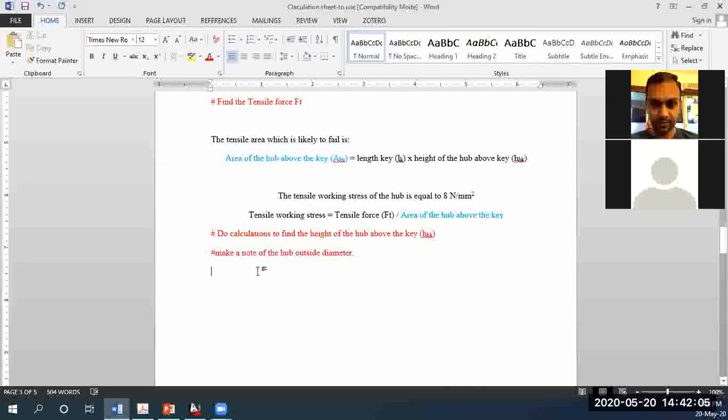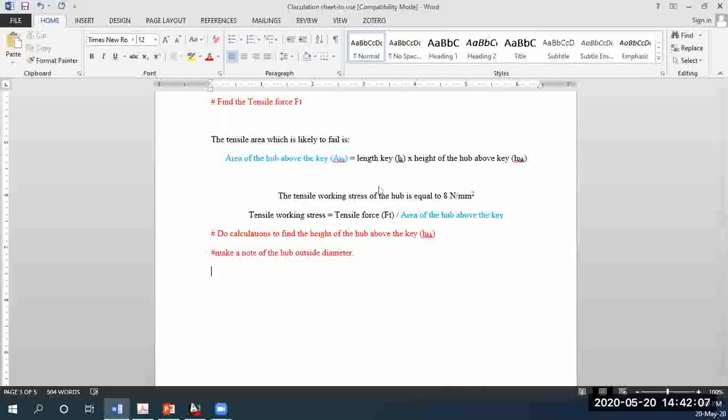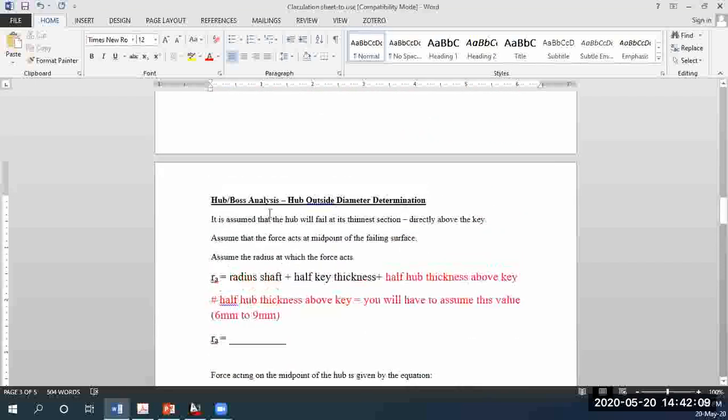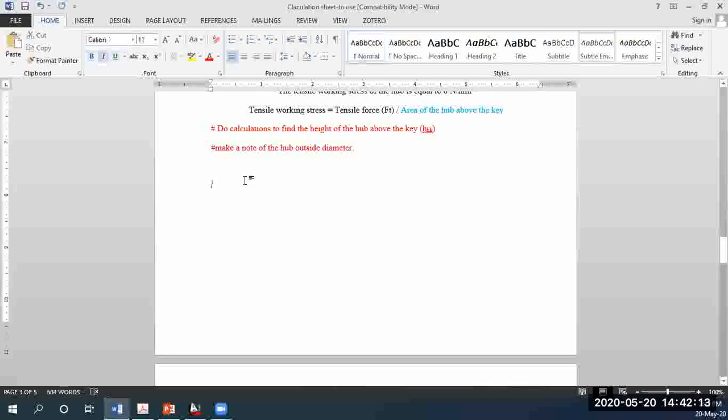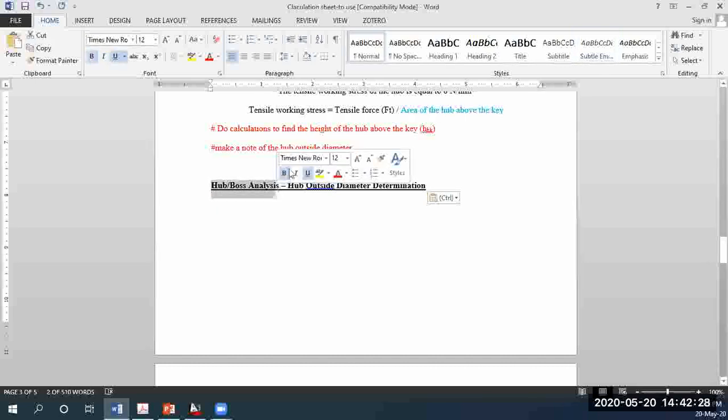So when it comes to the hub and flange analysis, just note this down. The next analysis is the flange.